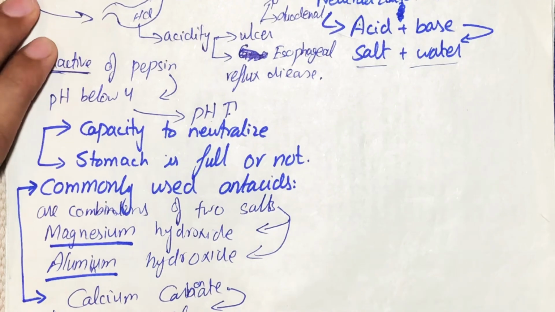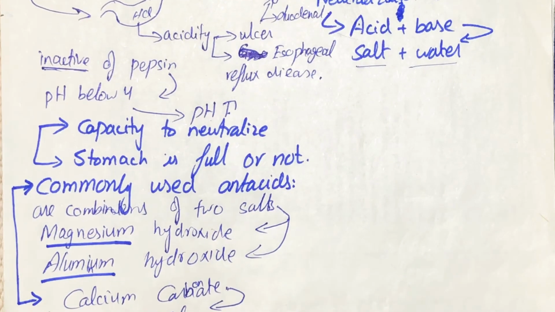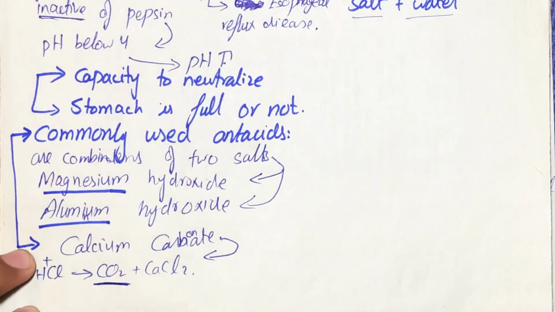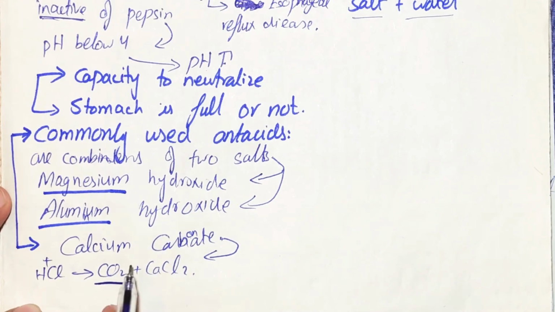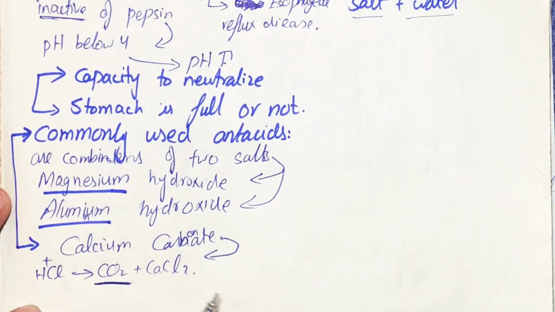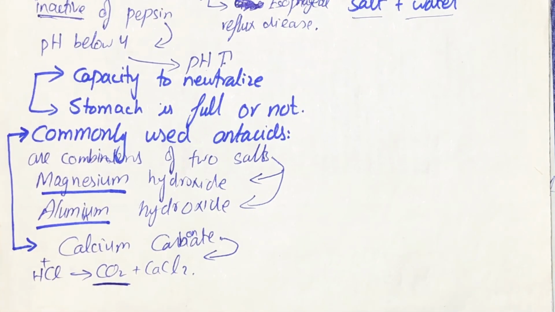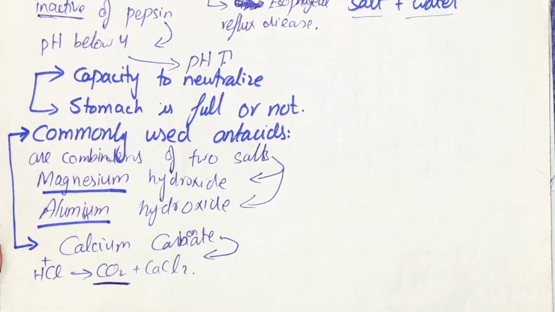So this carbon dioxide can be troublesome to some patients who already have some gastrointestinal bloating or flatulence. So it should be avoided in such patients because carbon dioxide can worsen their condition. There are some other salts such as sodium bicarbonate.